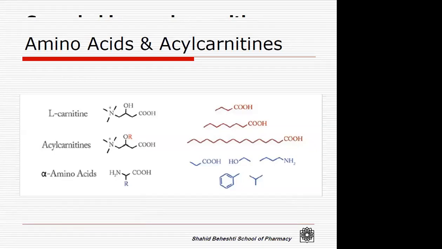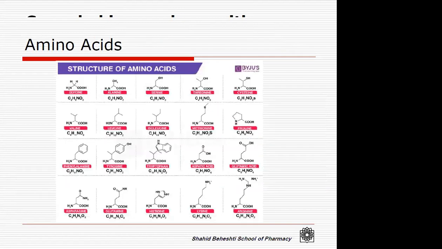The biomarkers measured in metabolic disorder screening are classified in two groups: amino acids and acylcarnitines. Next slide. We all know amino acids and their role in the metabolic processes of the body.